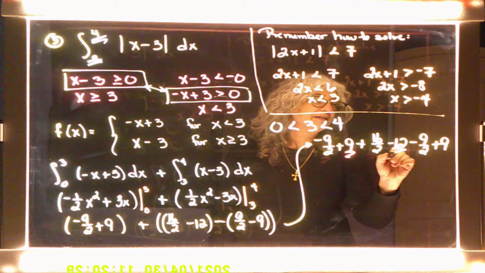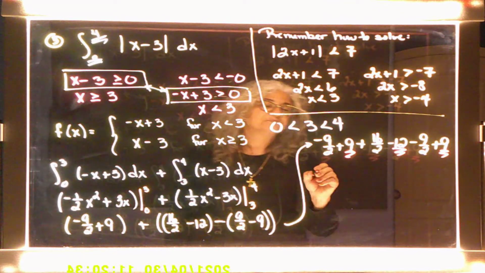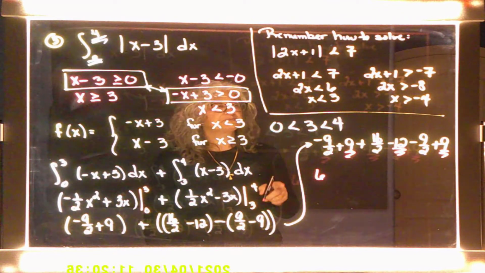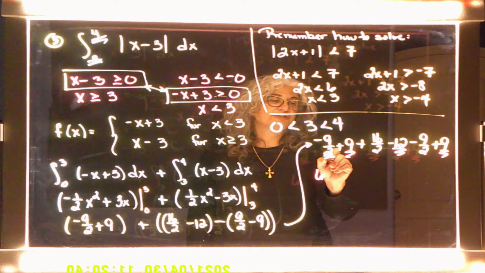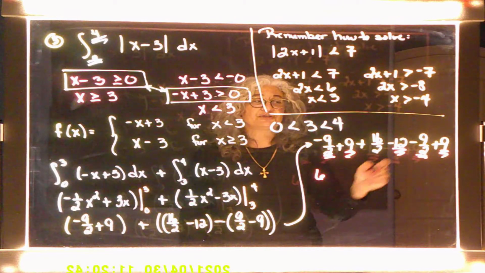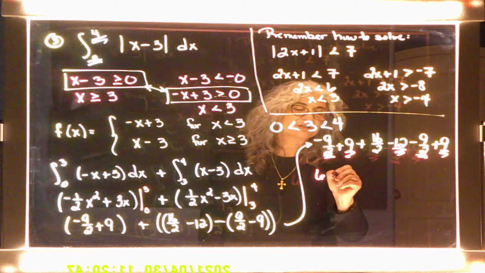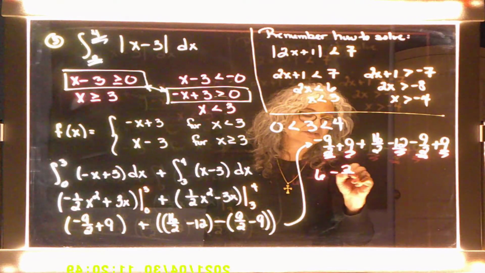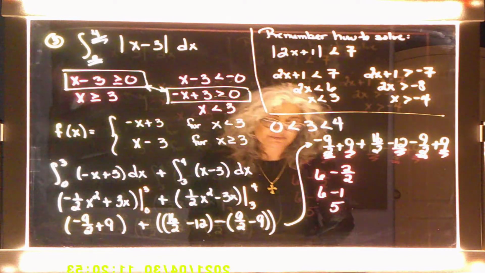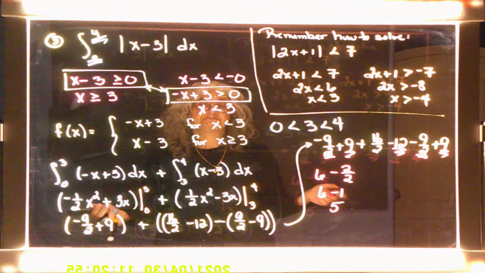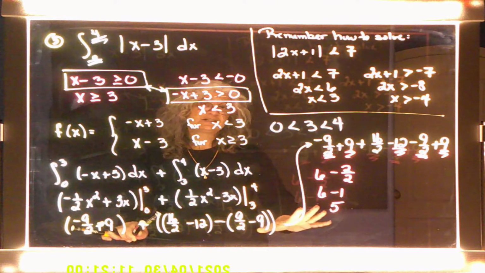The 9, the negative 12, and the 9. So is that 18 minus 12? Good. 6. And then I'm going to collect some other like terms. We have negative 9 over 2, another negative 9 over 2, which is negative 18 over 2, plus 16 over 2. Sounds like a negative 2 over 2, which is what? 6 minus 1, which gives me 5. Cool?